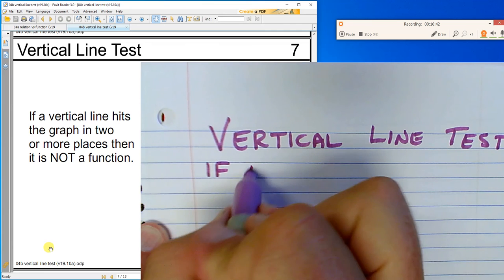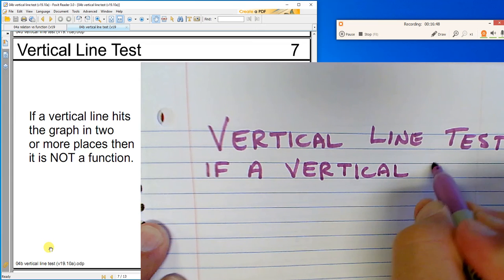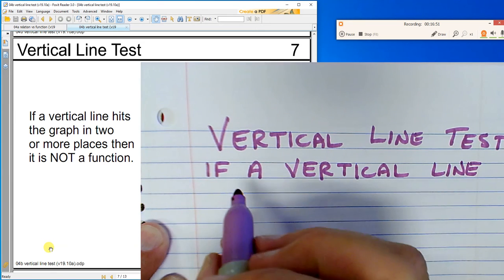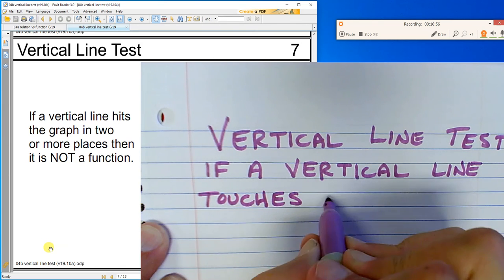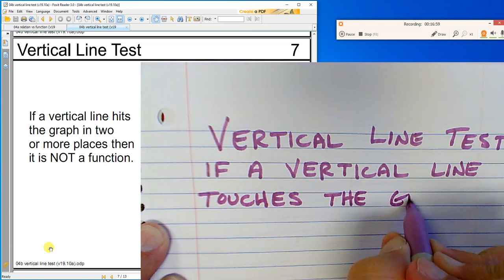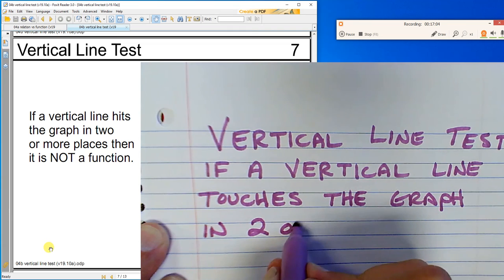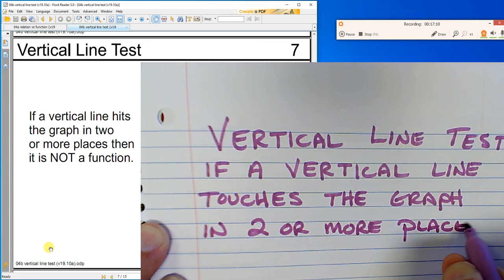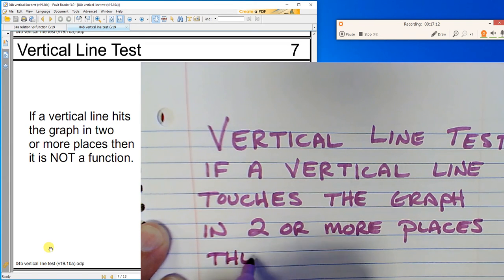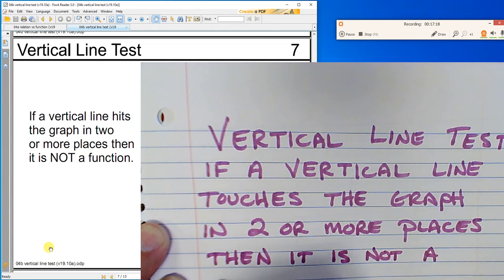If a vertical line touches the graph in 2 or more places, then it is not a function.